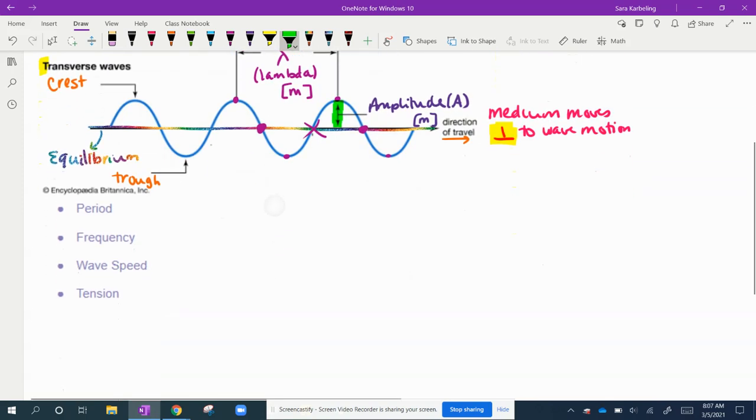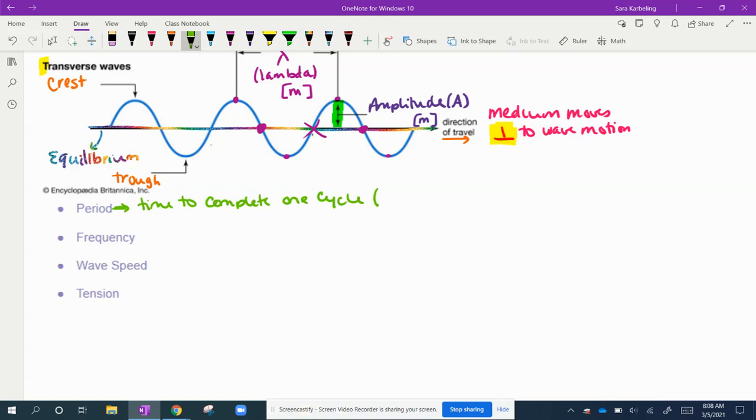I've got 4 other terms that I want to make sure that you're familiar with before we finish. The first one is period. Period is a measure of time, and it's the time to complete one cycle, or the time that it takes for a wave to travel through a complete cycle, okay?